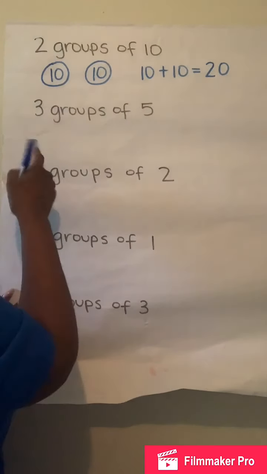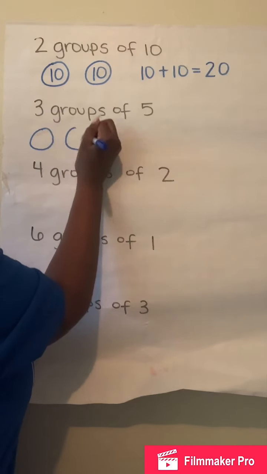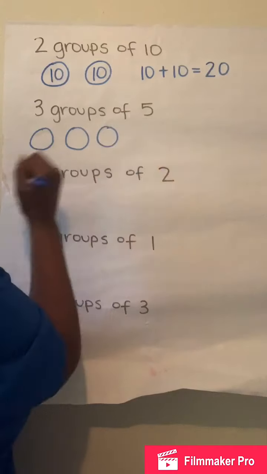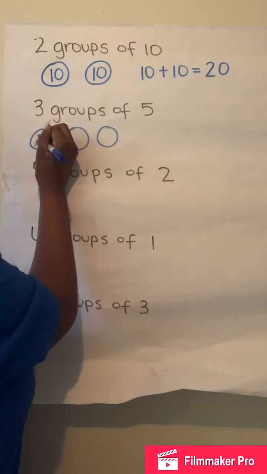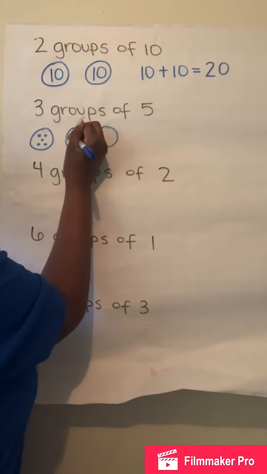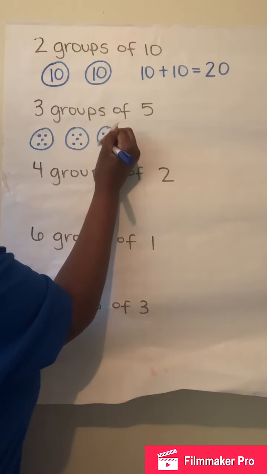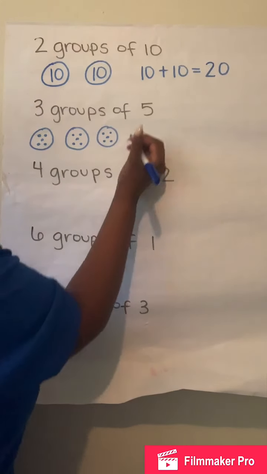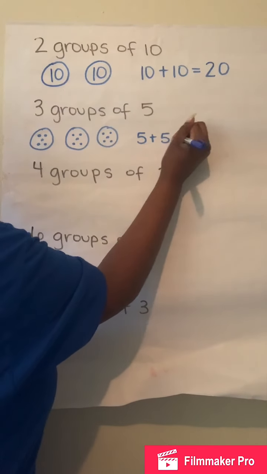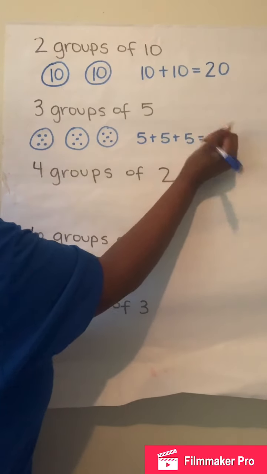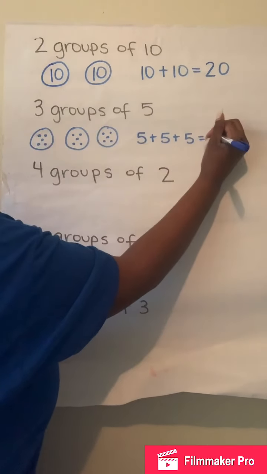All right, let's look at the next one. 3 groups of 5. First I'm going to draw my 3 groups. There's 5 in each group. I'm going to write my equation. 5 plus 5 plus 5 equals 5, 10, 15.